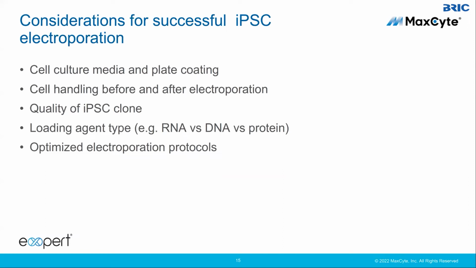So if you're using like a weak plate coating like vitronectin, for example, maybe you'd want to use a lower energy protocol, whereas with something like iMatrix in Japan, laminin 511 fragment, you can probably use stronger energy because they adhere very strongly to the plate.